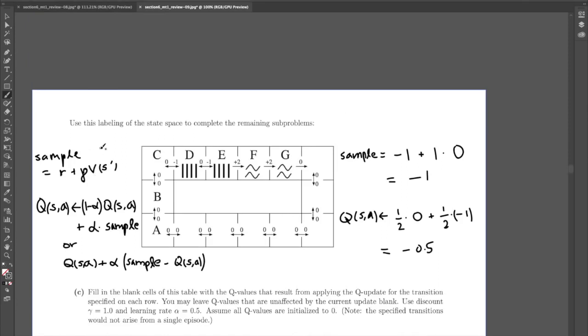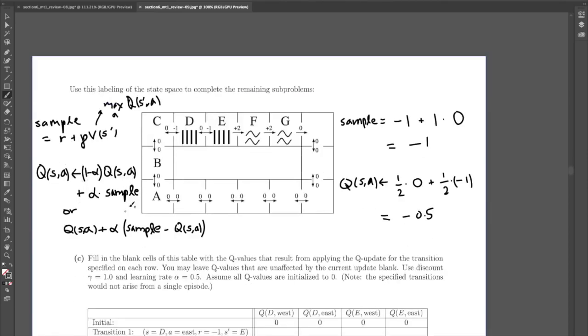One other way of writing this would be the max over all actions of the Q value of S prime, comma the action, right? These both are exactly the same thing because the V value, or the value of the state, is nothing but the max over all actions of the Q values of that state along with the action. So if you see this expression, you can just replace it with this mentally.